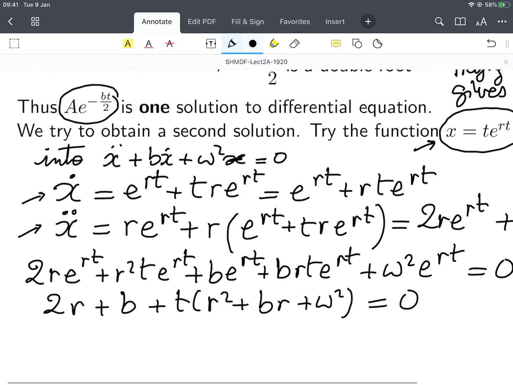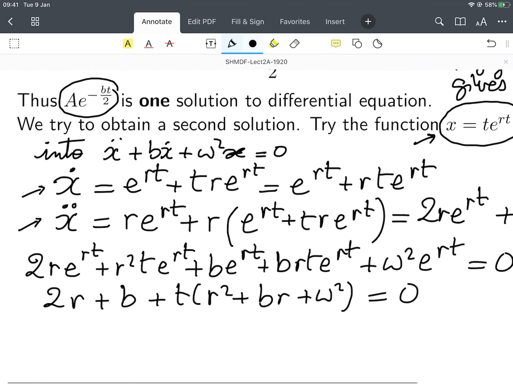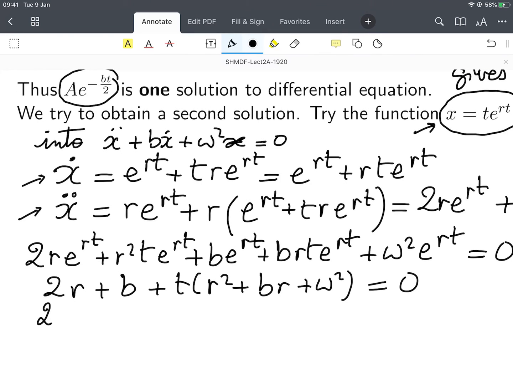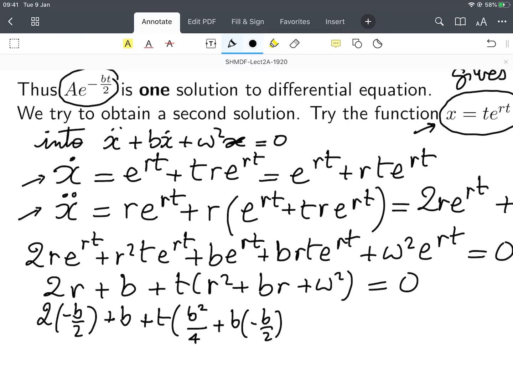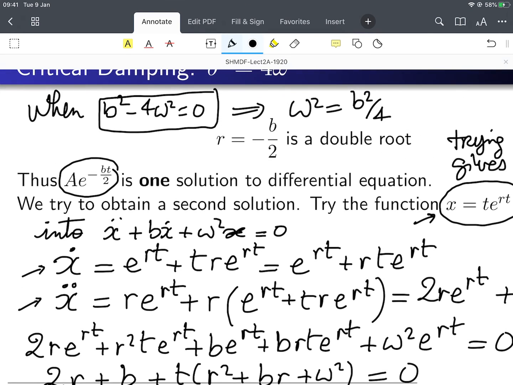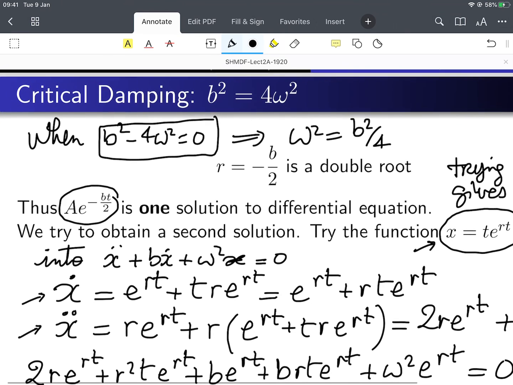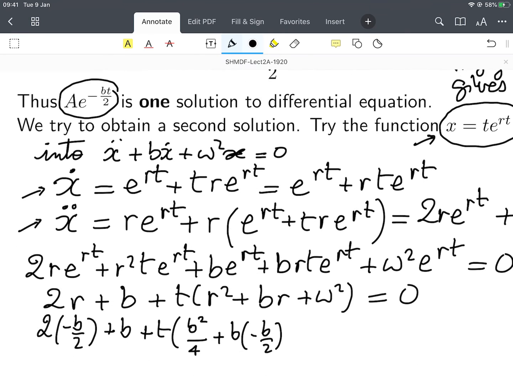Well, I must remember first that r is minus b over 2, so I just replace here. And I can see how the first two terms are going to cancel out here. And then here, in the t terms, I'm going to have minus b over 2 squared, so that's going to be b squared over 4 plus b times minus b over 2. And then omega squared, if I go back up, omega squared is b squared over 4.